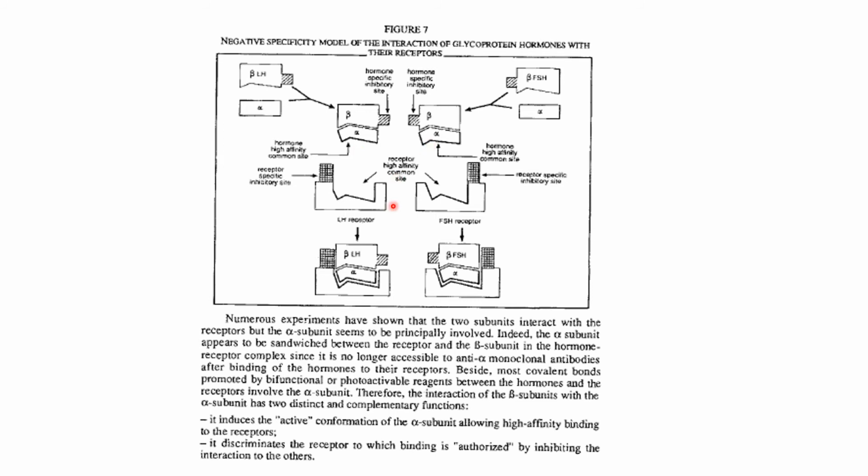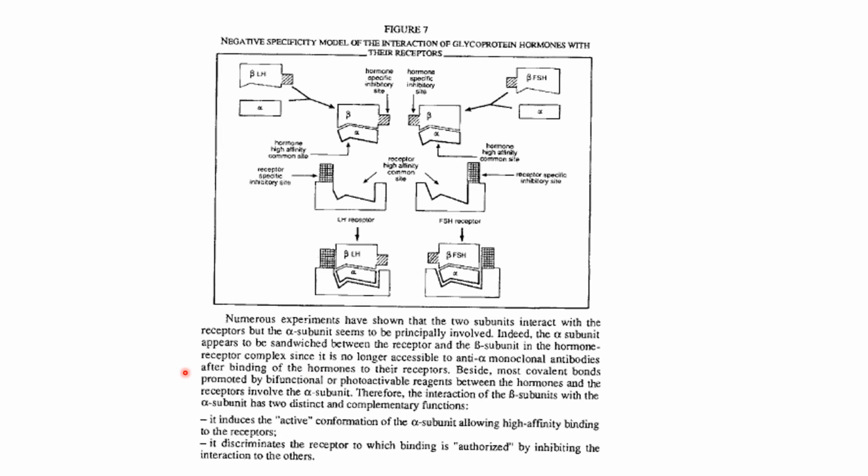But once the hormone's bound its receptor, the alpha subunit is protected and well hidden by the receptor as well as the beta subunit, and no antibodies can attach, and that's what they're saying here. So it was no longer accessible to anti-alpha monoclonal antibodies after binding of the hormone to the receptor.